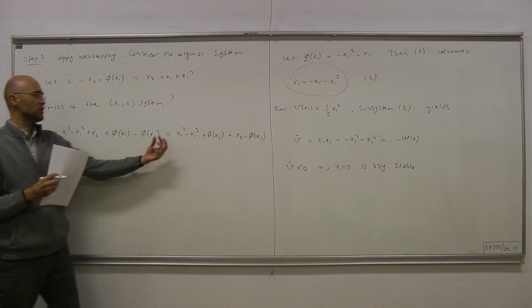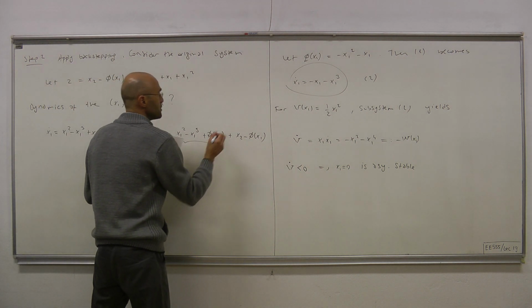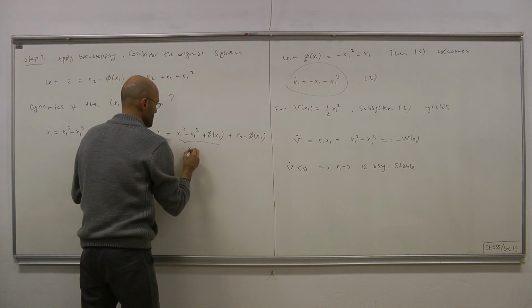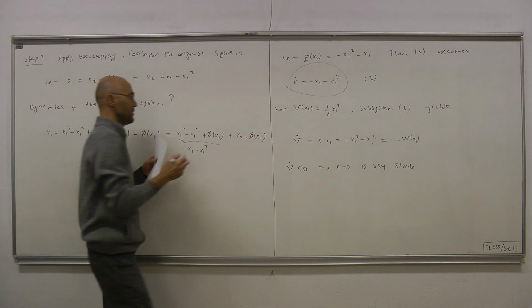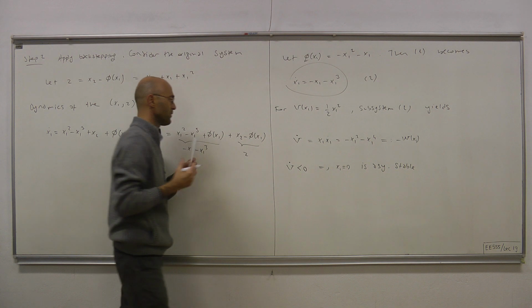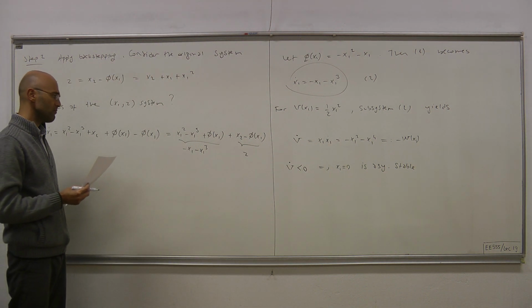What we did is we just reorganized the terms. Now this is, as we said, minus x1 cube. This is the desired right hand side, and this difference we're giving the name, the new state variable z.